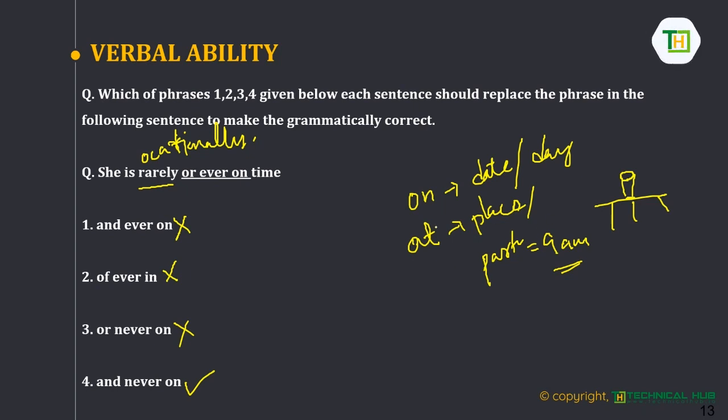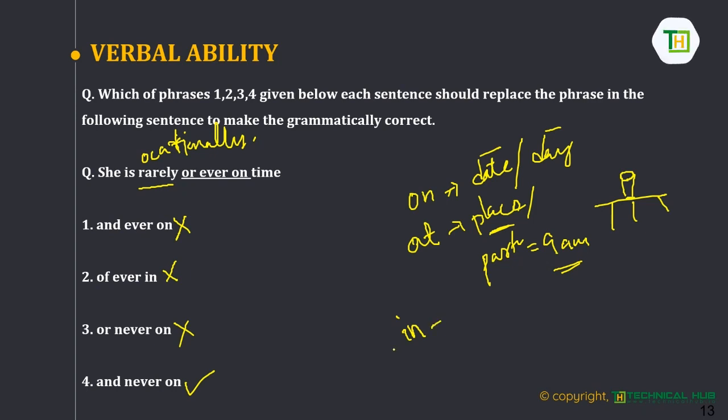On is used before any particular day or date, and at is used for smaller places, not bigger places. I'm waiting at the door, at the bus stop. But if you are at the RTC complex in Rajahmundry or Kakinada, you should say I am in the RTC complex, as that is a bigger place.